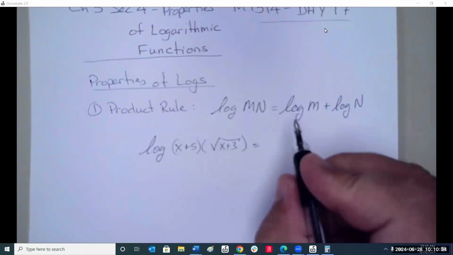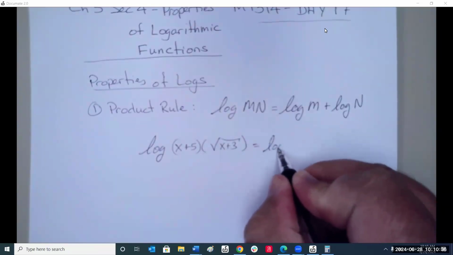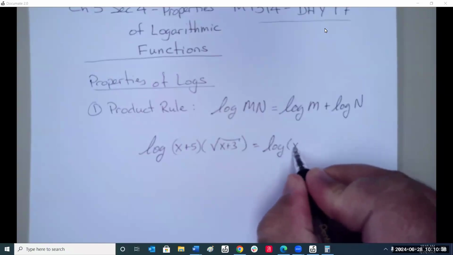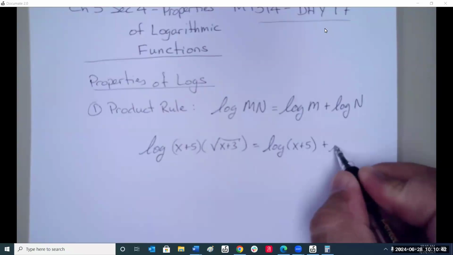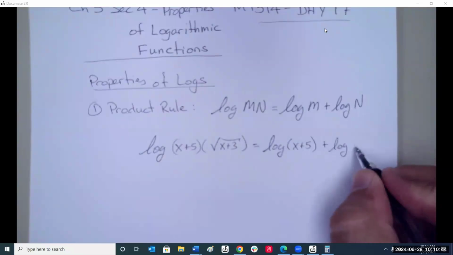Because these are both multiplied to each other, I'll take the log of x plus 5 plus the log of radical x plus 3.